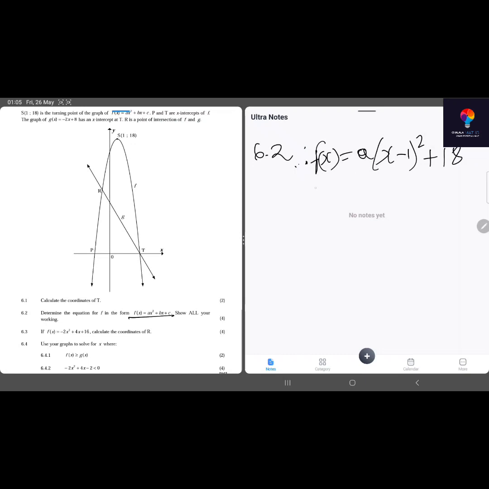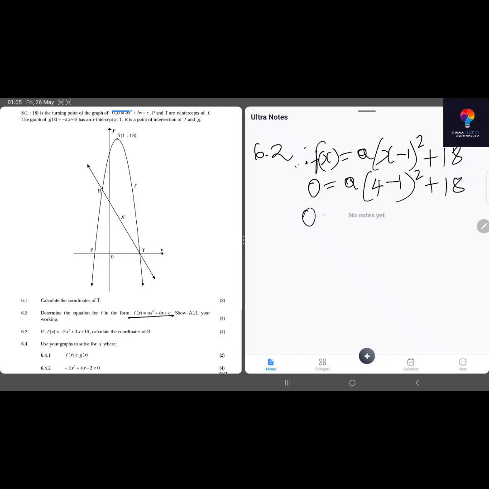f of x is going to be 0, equal to a times (4 minus 1) to the power 2 plus 18.